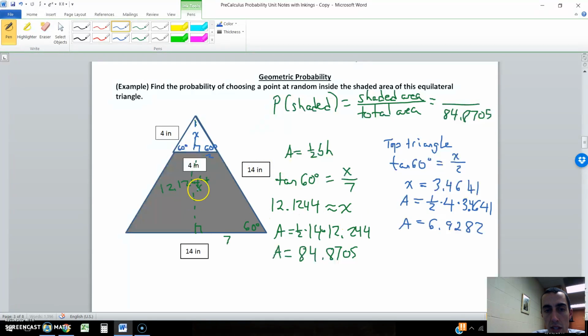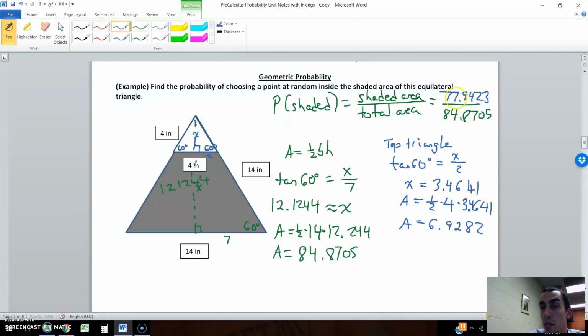And so to find the area of this shaded area, we need to take the whole area, which is this right here, and subtract the top triangle area. If we do that, we get that the shaded area is about 77.9423.